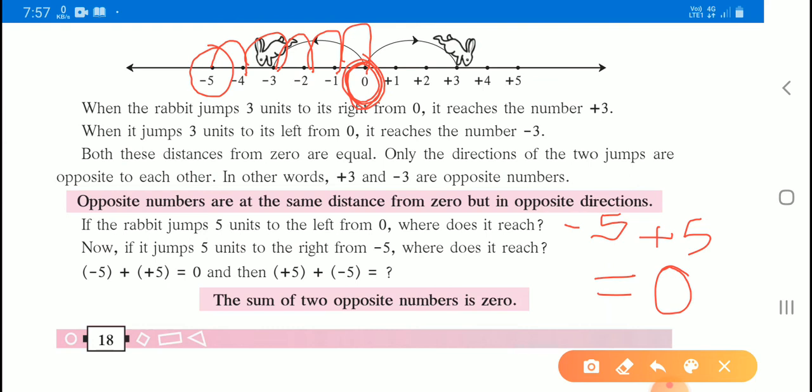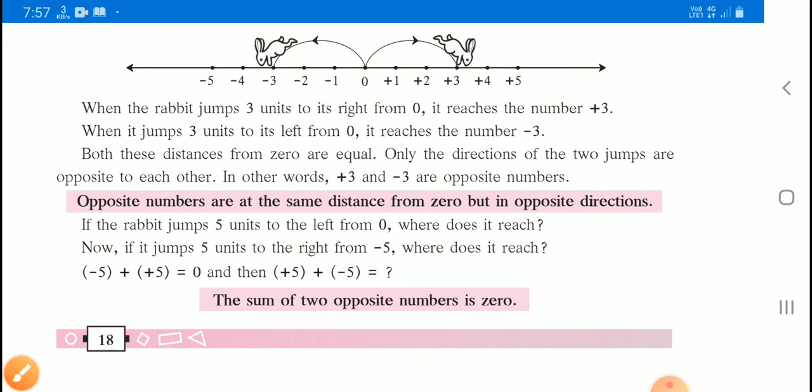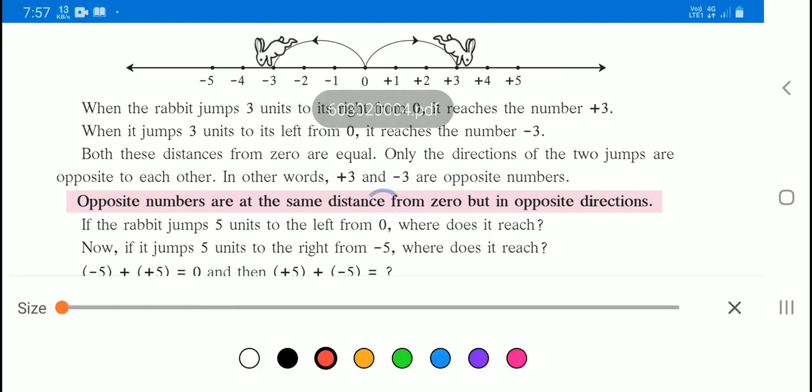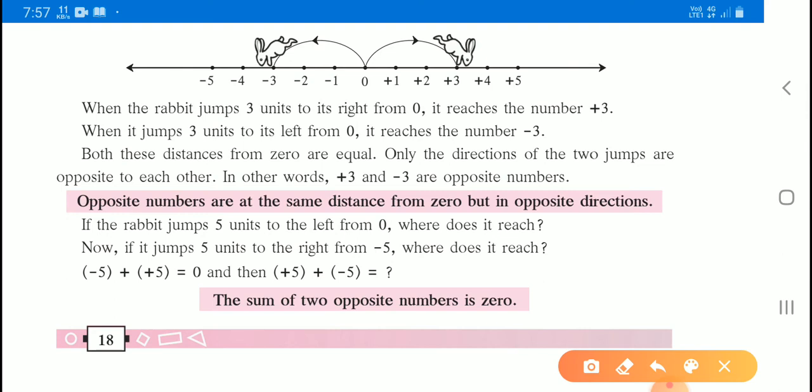Suppose here the given is 0, and then suppose the rabbit jumps from positive 4 to its left, 4 units. Then where will it reach? Left, that's why we have to take minus 4 and we will find the answer. Now look, suppose the position of the rabbit is on positive 4.